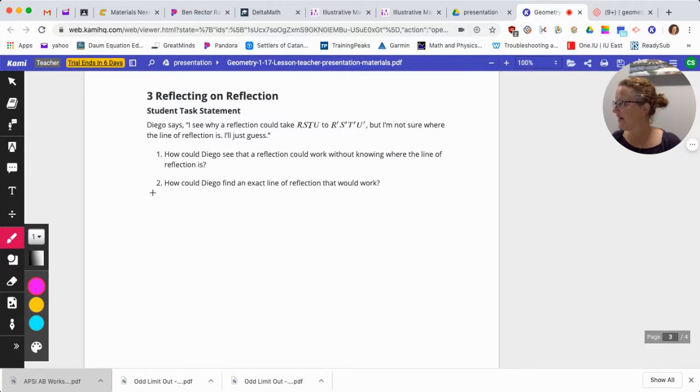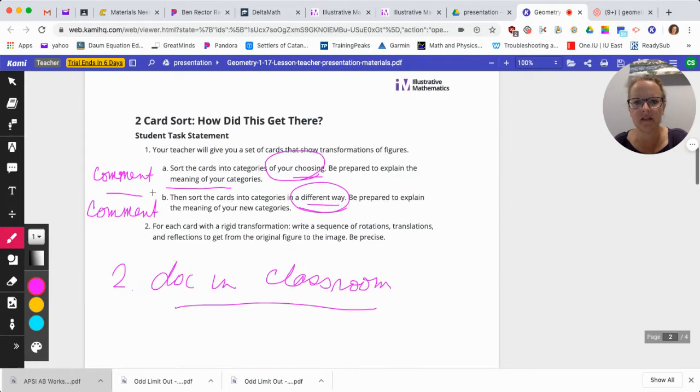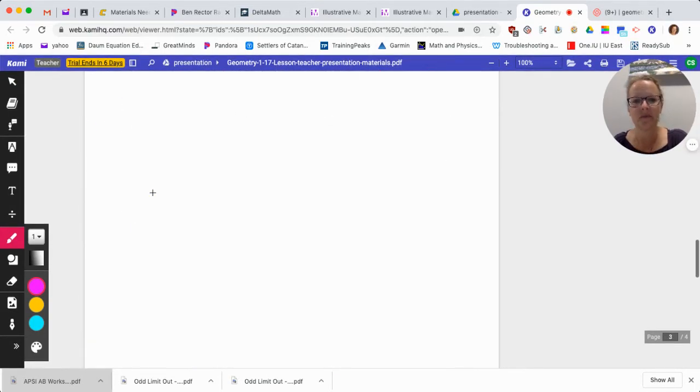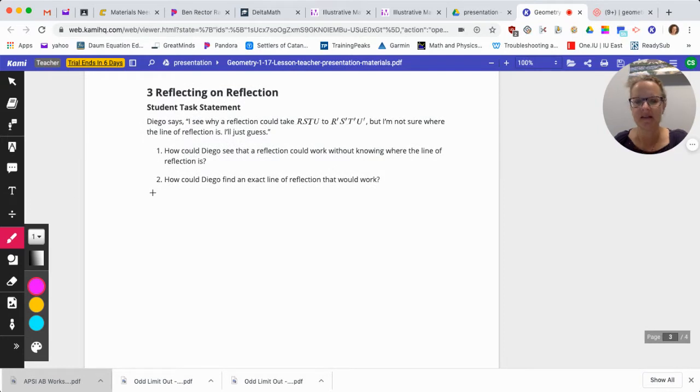How could Diego find the line of reflection? So we need to find RSTU, which they say is in a previous one. So I'm going to push pause. I think it's from our card sort. Hold on.